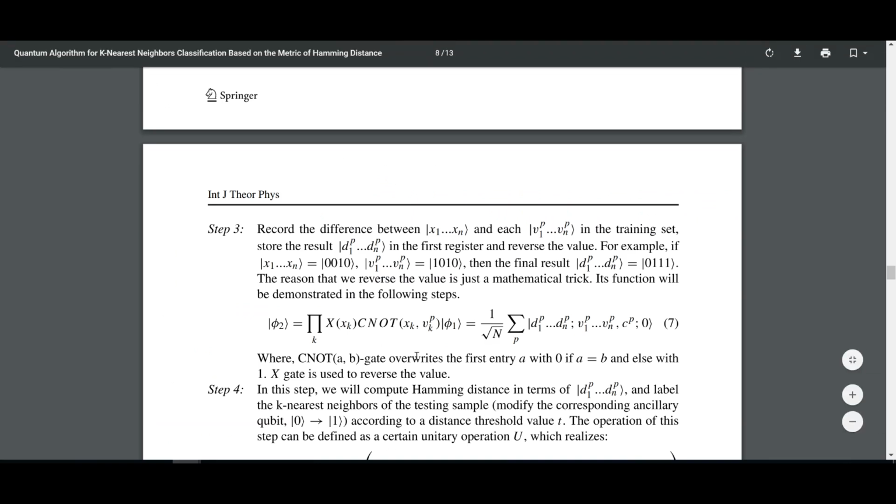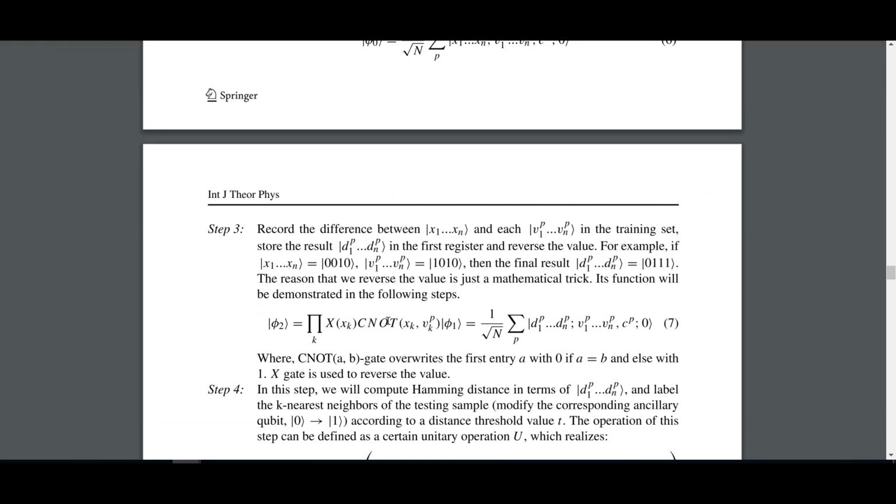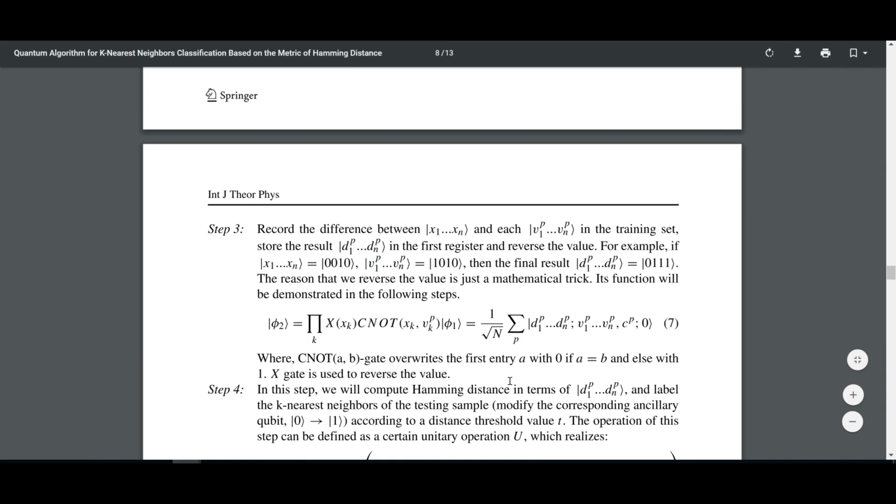And so this is basically the thing: apply a C naught in a way that A is the target, so it's B.